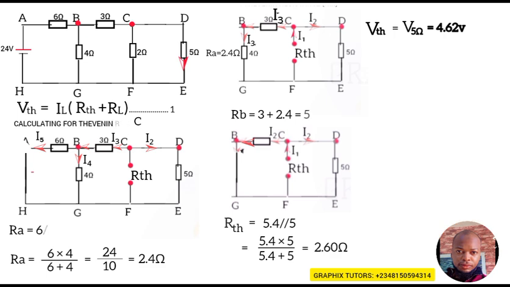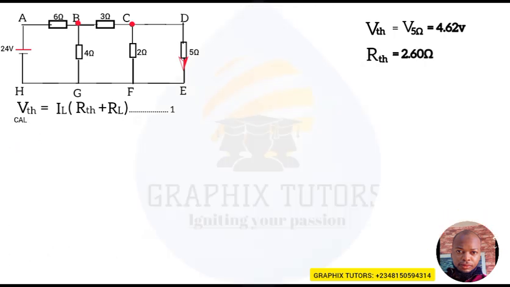We've gotten our R_TH. So from our formula here, we've gotten R_TH, we've gotten V_TH. Now the next thing is what? We've gotten R_L. R_L is the resistor we're investigating, and that is 2 ohms.